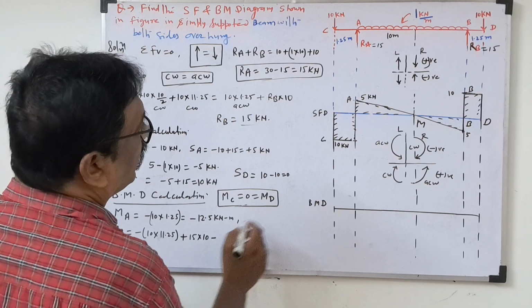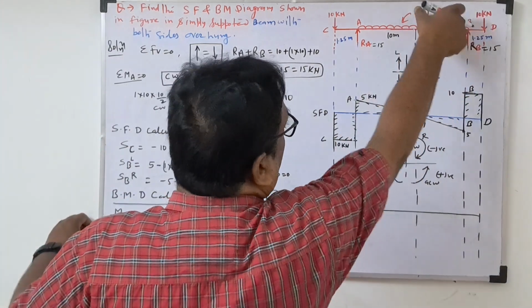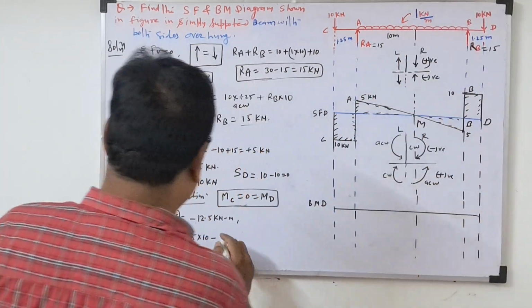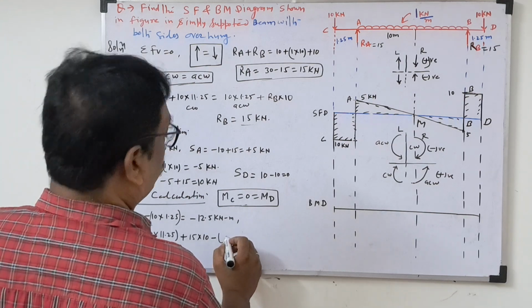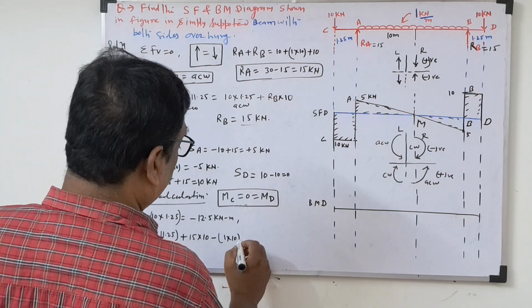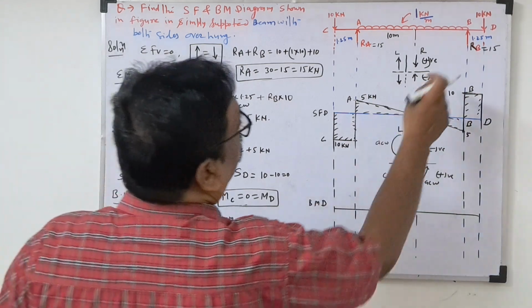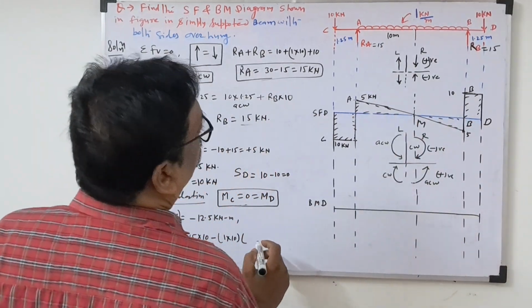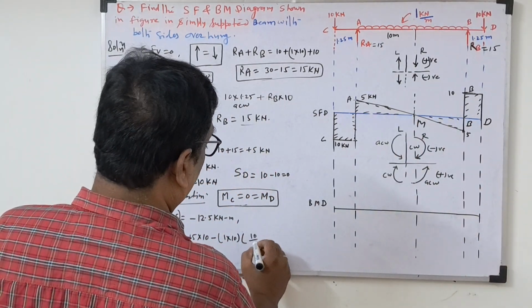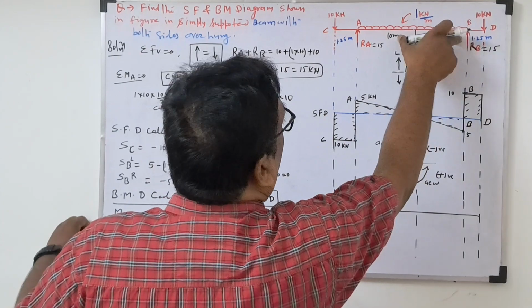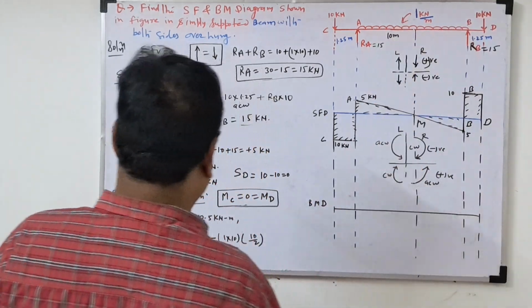Then again UDL at point B. So it is coming again anti-clockwise. So minus 1 into 10 is the load. Then half distance will be 10 by 2, because the UDL is connected, so no length required.